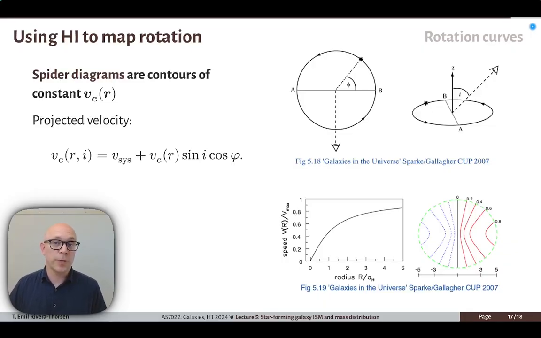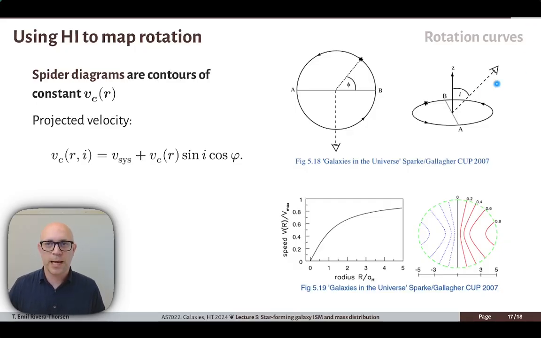And second, because this gas, as also mentioned earlier, stretches out to much larger extents than the stellar population, so we can probe much larger radii compared to the stellar population. But what we then measure in these cases is, of course, an apparent velocity relative to us. But that apparent velocity can be misleading for two reasons.